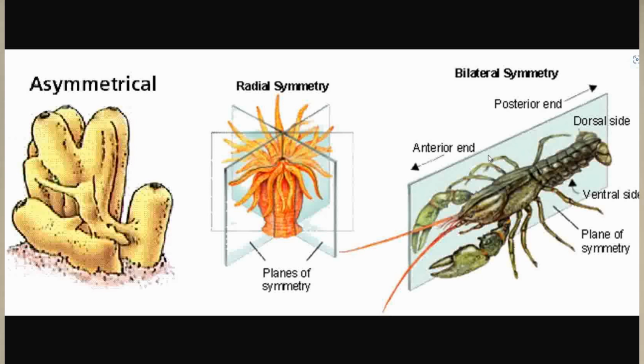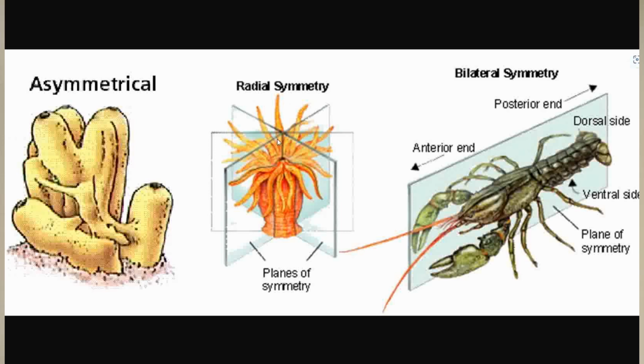For example, if you look at this structure of the shrimp, if I divide it in this plane from anterior to posterior, that is when I can have this shrimp in two halves. I cannot get this same division in any other plane. So that is called bilateral symmetry.